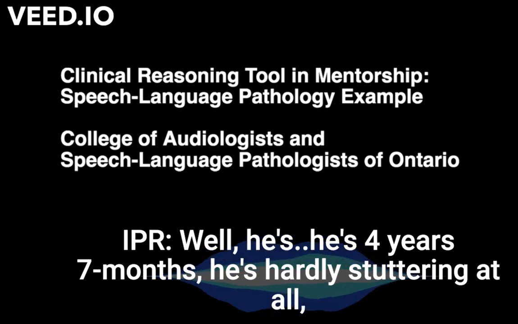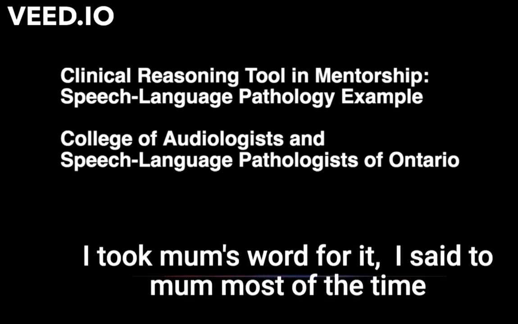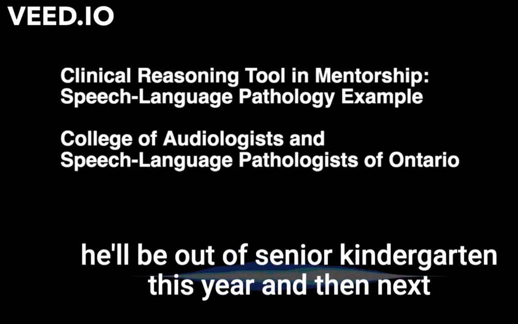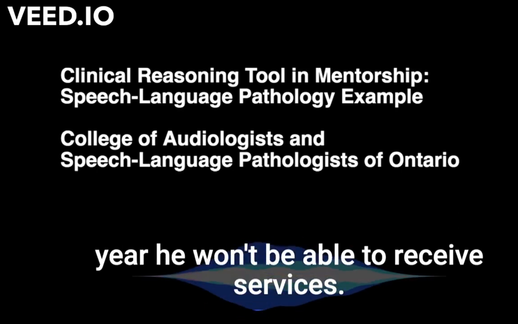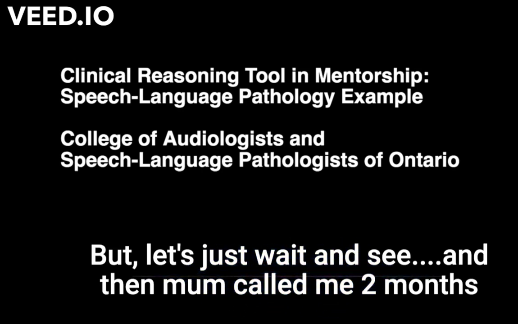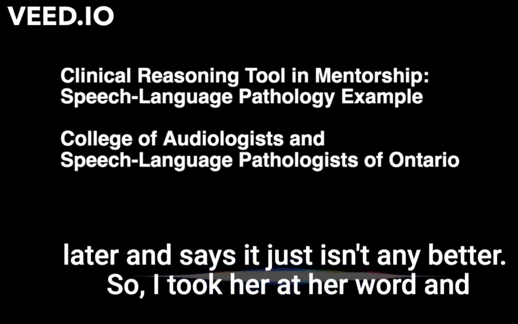Well, he's 4 years, 7 months. He's hardly stuttering at all. I took Mum's word for it. I said to Mum, most of the time it just goes away if you just wait. He'll be out of senior kindergarten this year, and then next year he won't be able to receive services. But let's just wait and see. Mm. And then Mum called me 2 months later and says it just isn't any better.